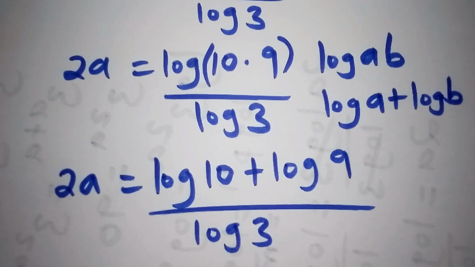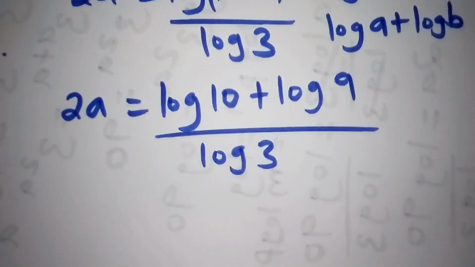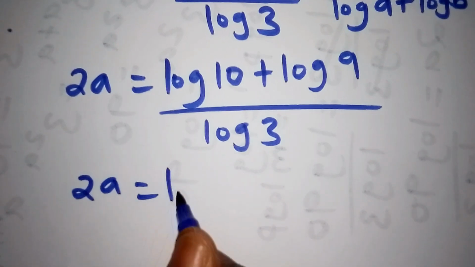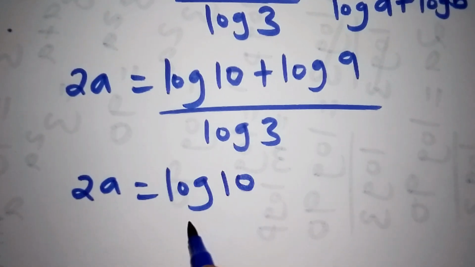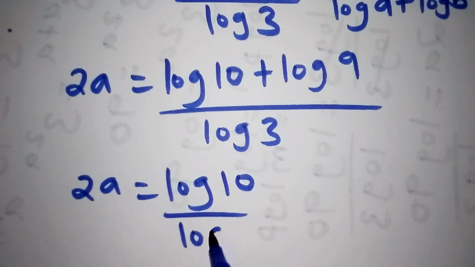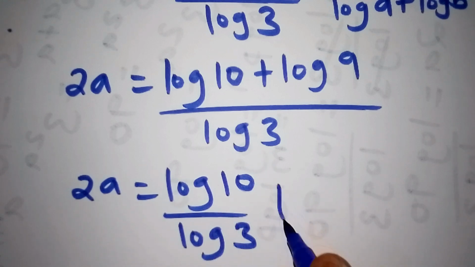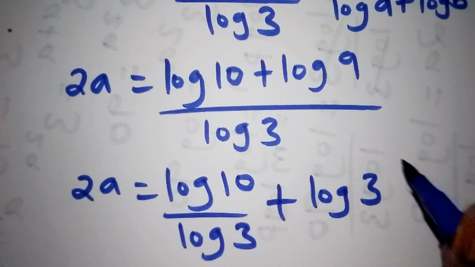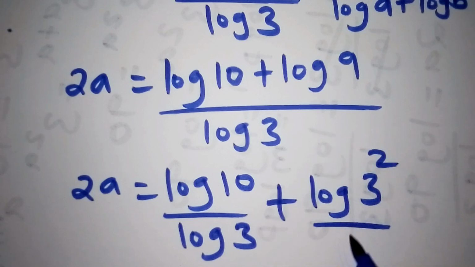Now we divide both sides by the log of 3. So 2a is equal to the log of 10 all over the log of 3, plus the log of 9, which can be written as the log of 3 to the power of 2, still divided by the log of 3.